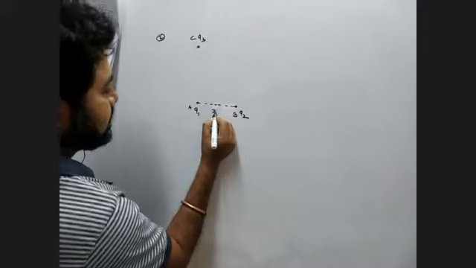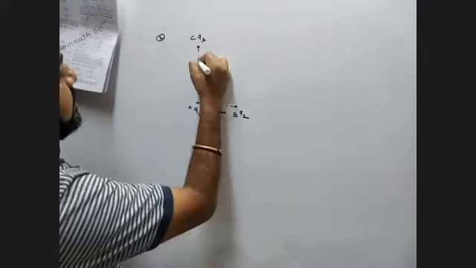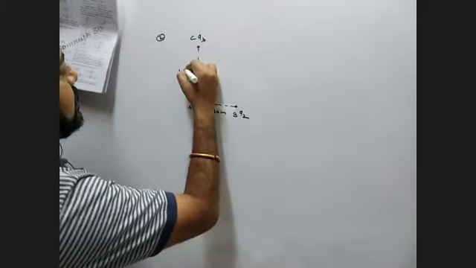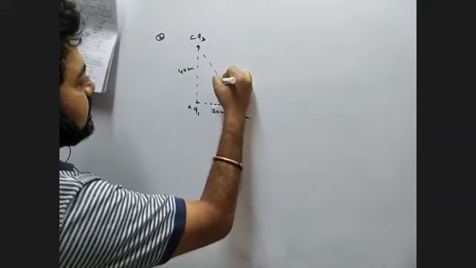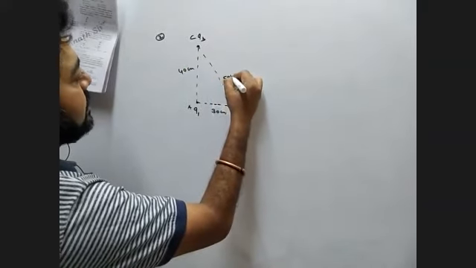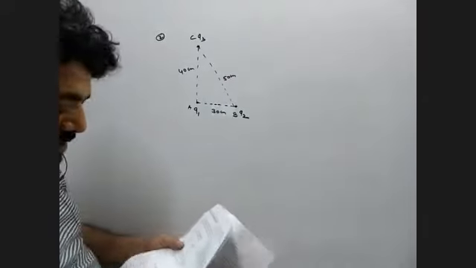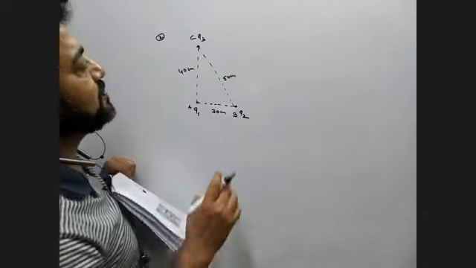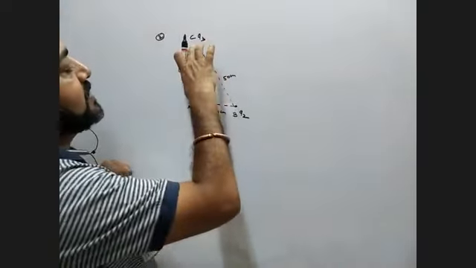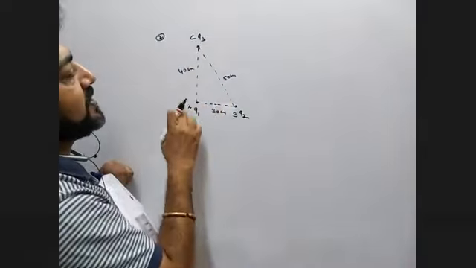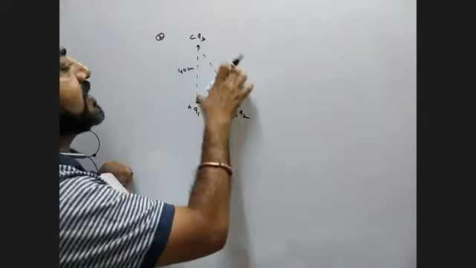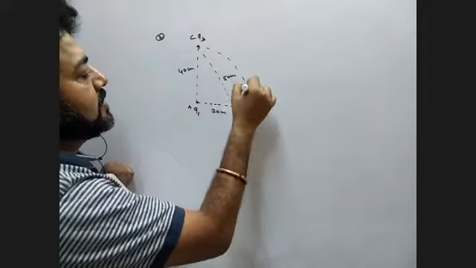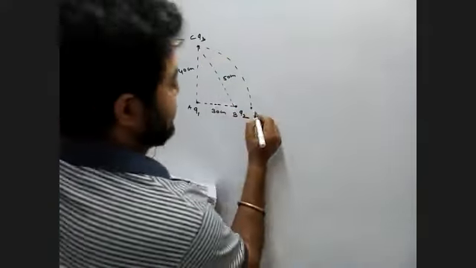That distance is 30 centimeter, that distance is 40 centimeter, and that distance is 50 centimeter. This is the initial position, and the charged particle Q3, whose distance from A is 40 centimeter, you move from here to here by making a radius.